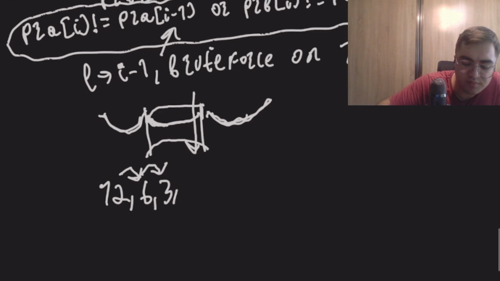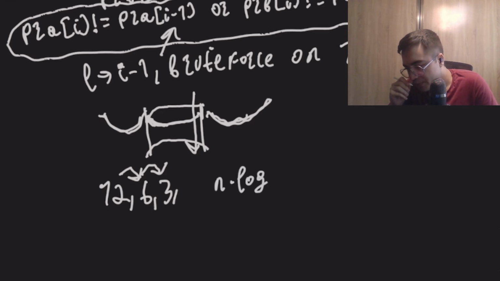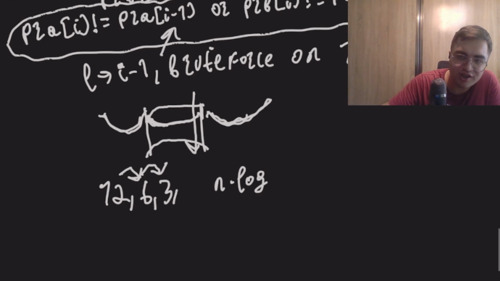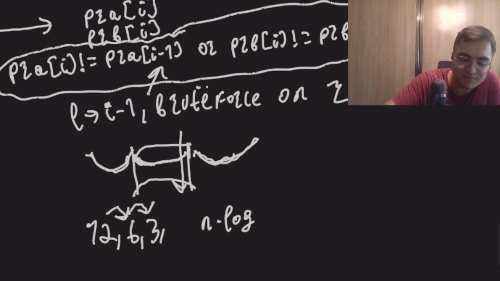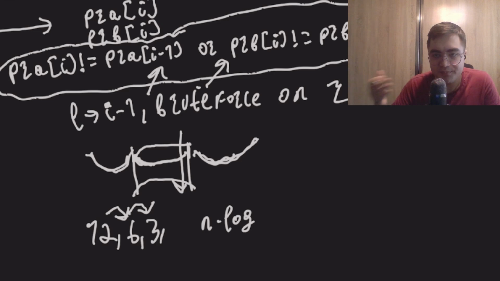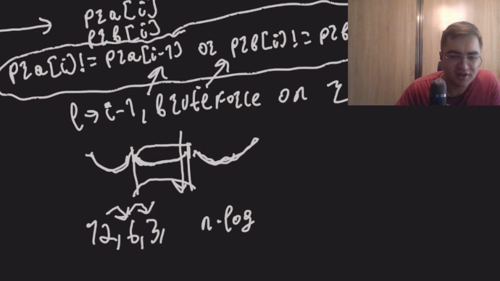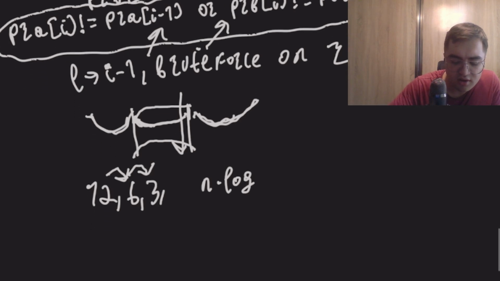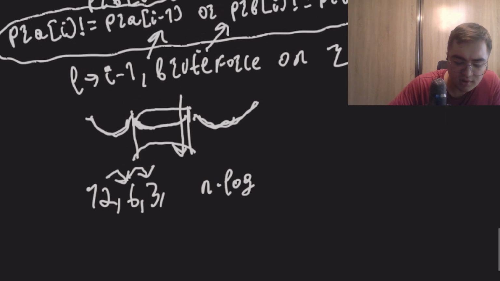The total will just be n times log. Or I mean, we're checking for both of them, but you can ignore the constant because it doesn't really do much. It would just be 2 times n times log.